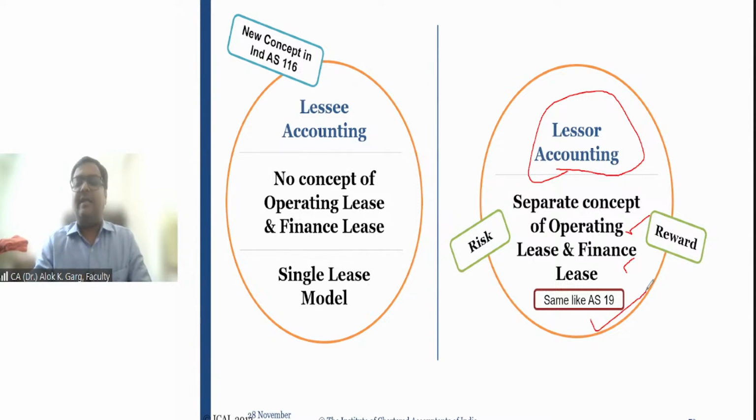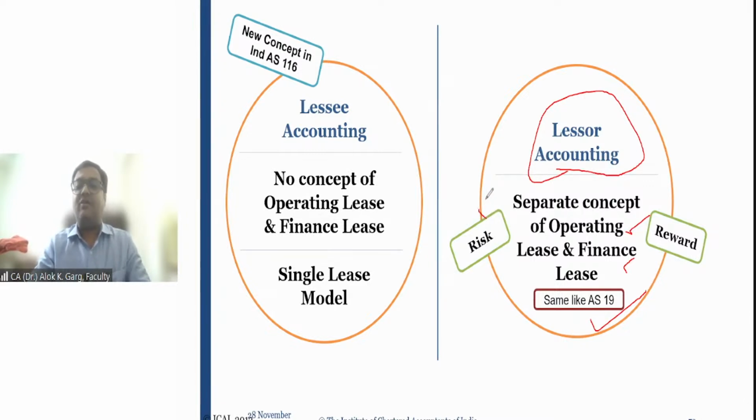Friends, the lessor accounting is comparatively very simple in comparison to lessee accounting. When I say simple, it means this accounting you have already seen in accounting standard 19. The lessor accounting in the books of the lessor is similar to what we have already read and experienced in accounting standard 19.